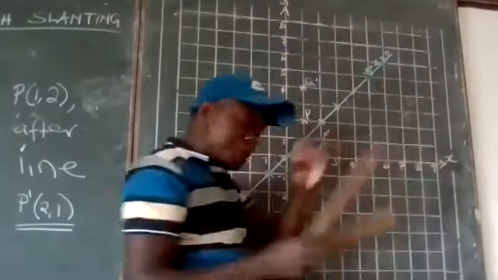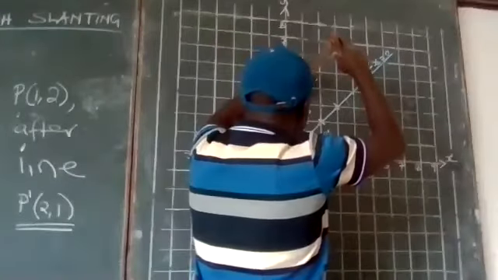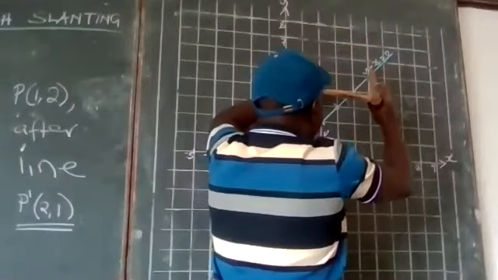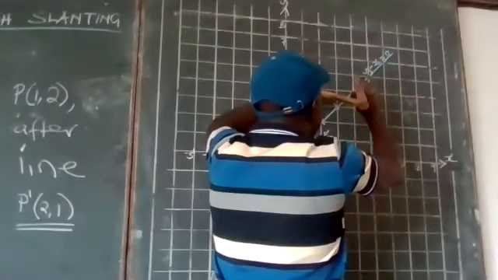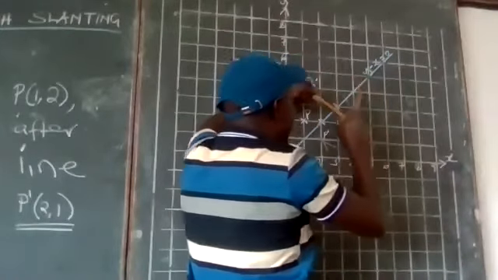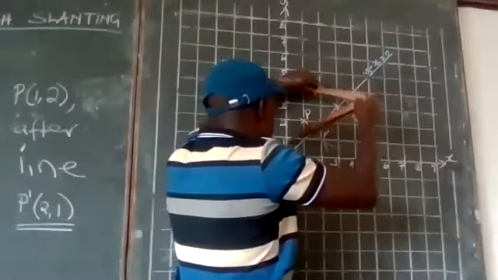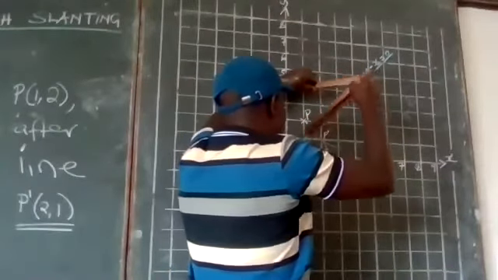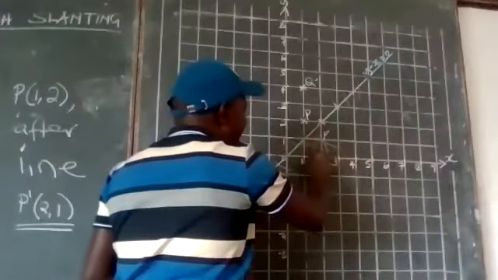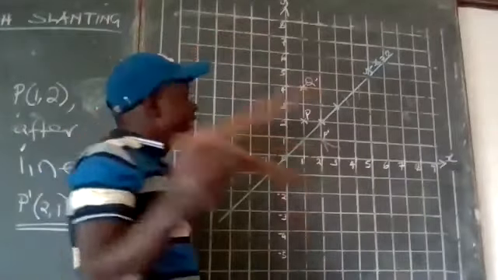After choosing it, you maintain it up to the end. So I put my compass here, I cut. I put my arc here, and then another one here. After that, I don't change the length of the compass.